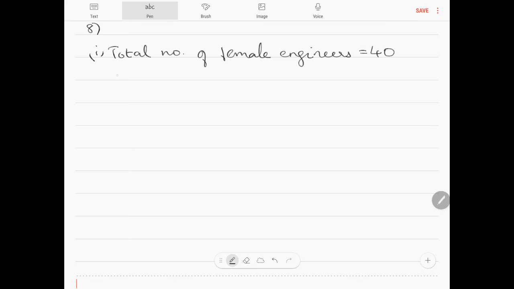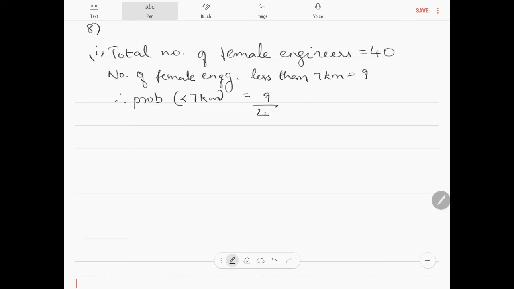The number of female engineers whose residence is less than 7 kilometers from the place of work is 9. Therefore, the probability that an engineer lives less than 7 kilometers from the place of work will be 9 by 40.